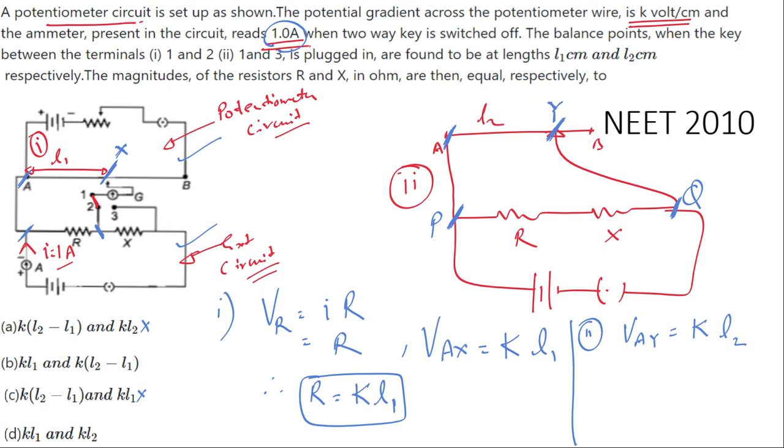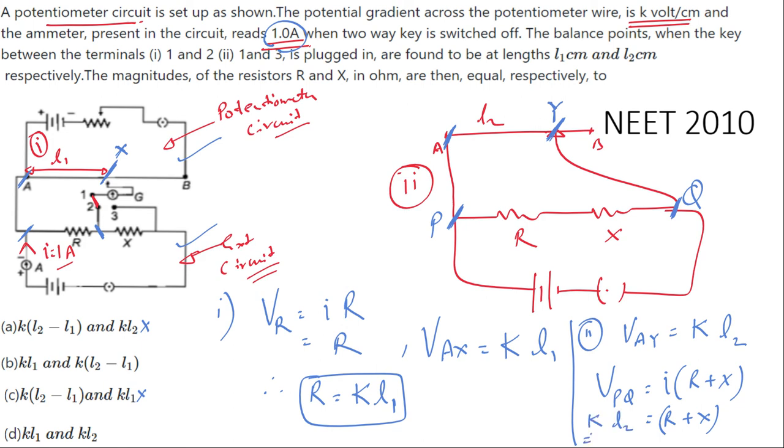If you try to write it down from the external circuit, you can say VPQ is simply I into R plus X, because this is the total resistance across PQ from the external circuit. The value of I is 1, so we can write this to be R plus X. So VPQ and VAY are equal, we can write it to be KL2.